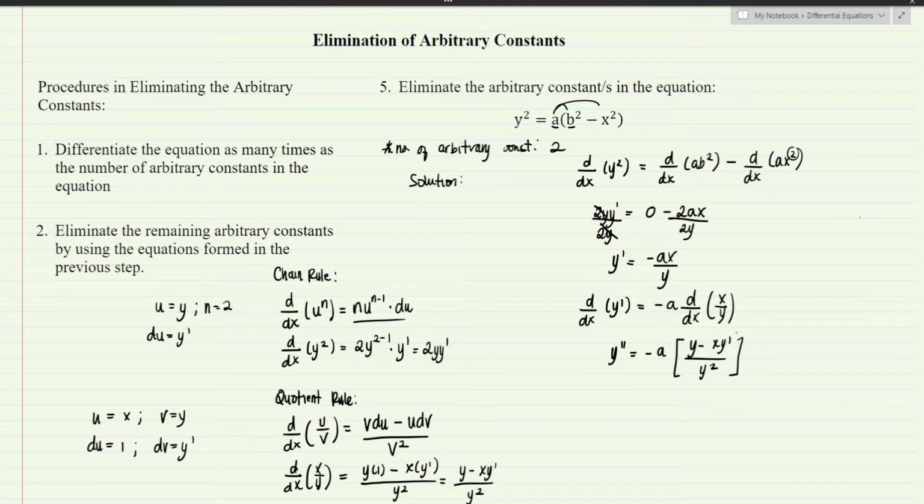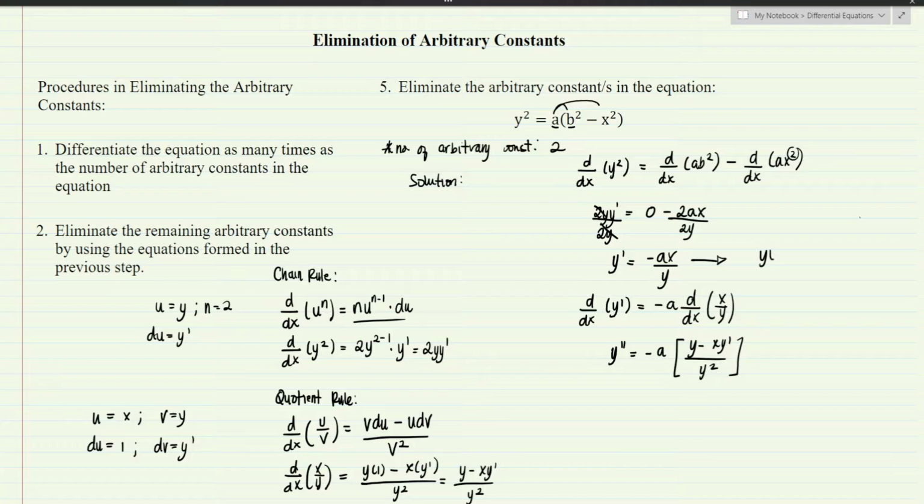And notice, we already have differentiated our equation twice, and we still have here the constant a. So the next step here is to remove this constant a, or let's find an equation that we can replace with a. And to do that, we will go with our first derivative, and we will try to isolate a here in our equation. So if I do that, I need to cross multiply y.